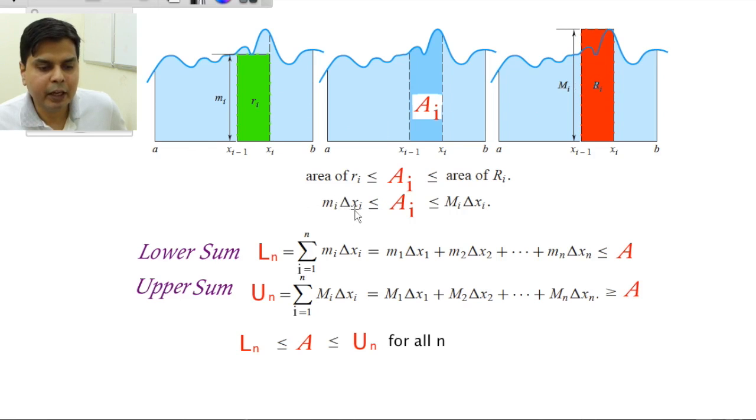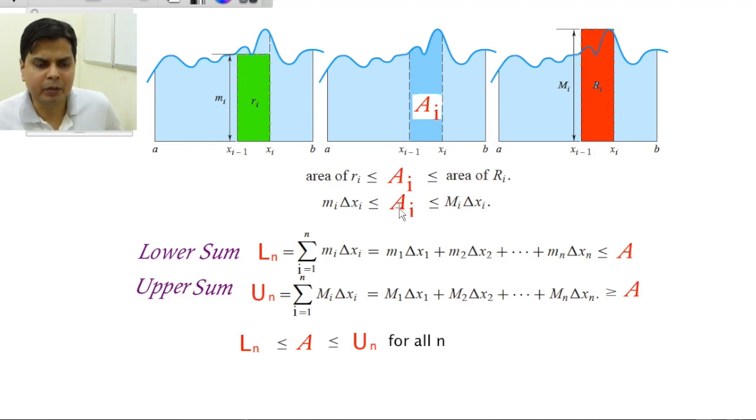So I can say that mi delta xi is less than ai, which is the exact area I intend to find. So this mi delta xi will be less than ai, and this ai will be less than capital Mi delta xi. Why? Because in this red portion you are getting this red portion extra, so this is more. In this smaller mi you are leaving out this area, so this is less than the actual area.